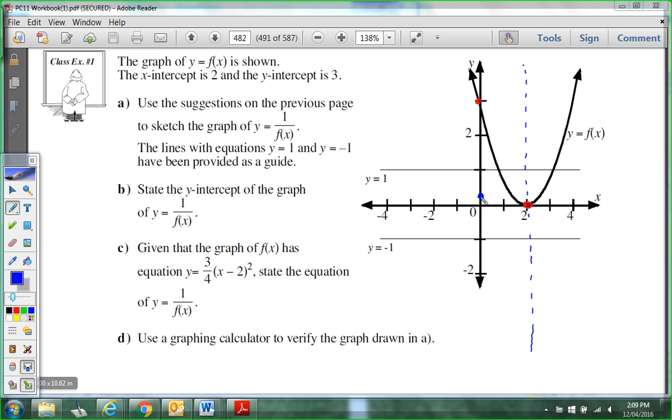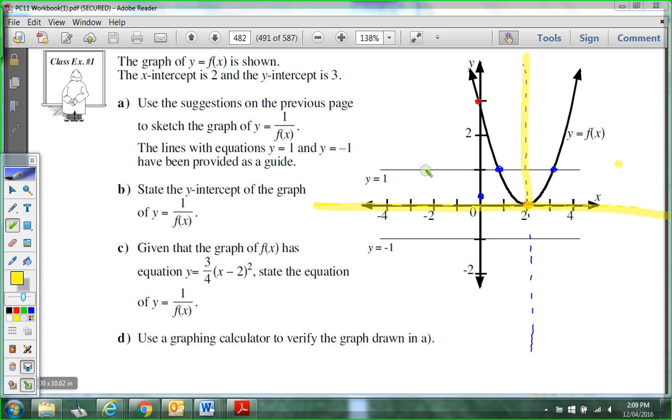The next thing I know is that invariant points are going to share. So it's going to share here and share here because that is 1 on the original. And since it's a reciprocal, it's going to have a horizontal asymptote here. So you can see what we have here, and I'll highlight it a little bit obnoxiously, but we have this section and we have this section.